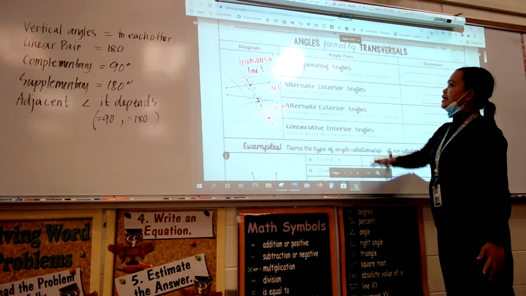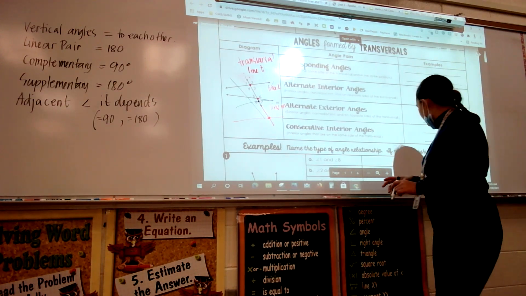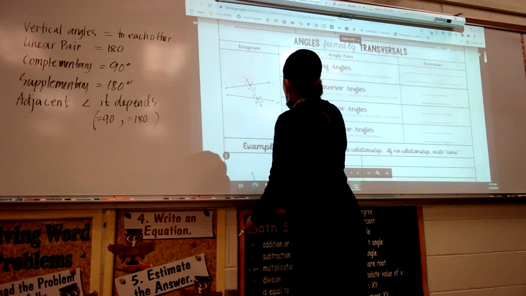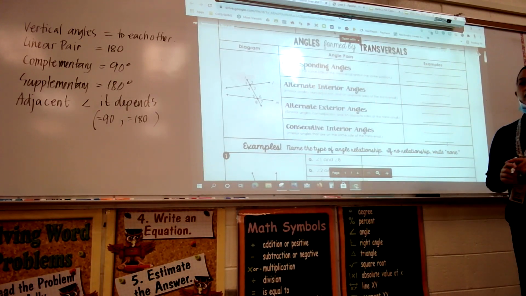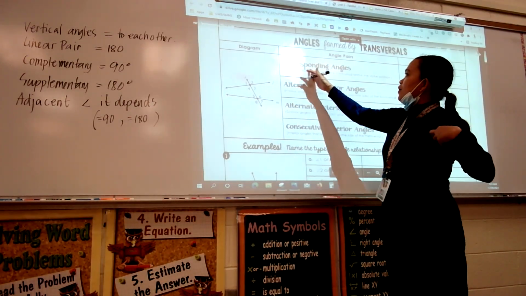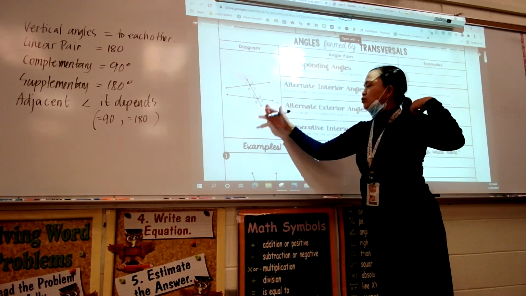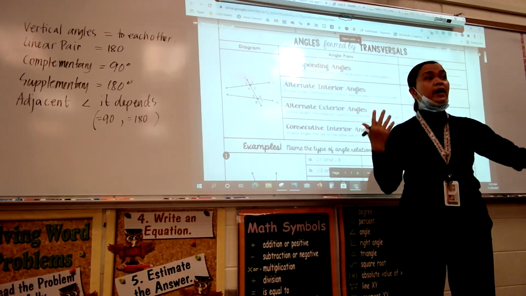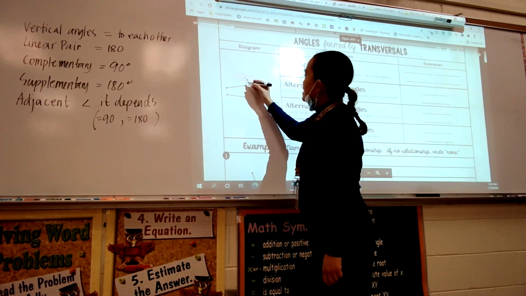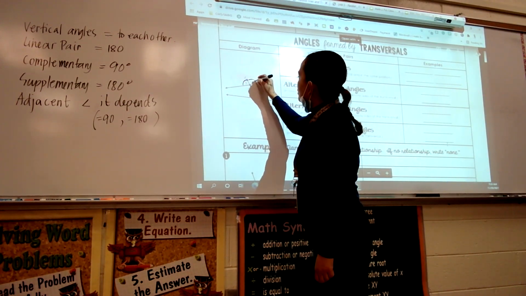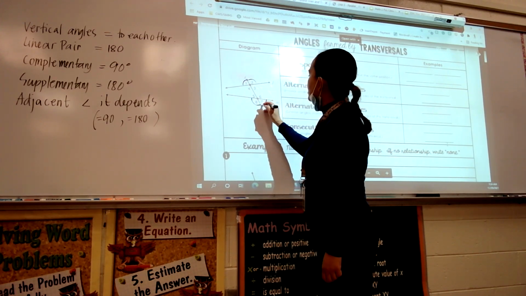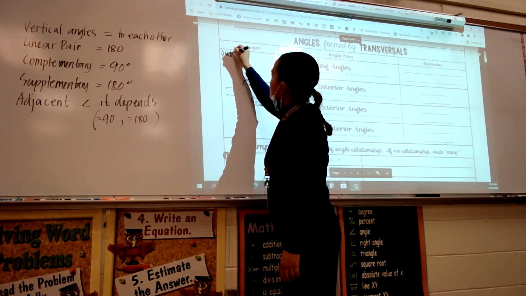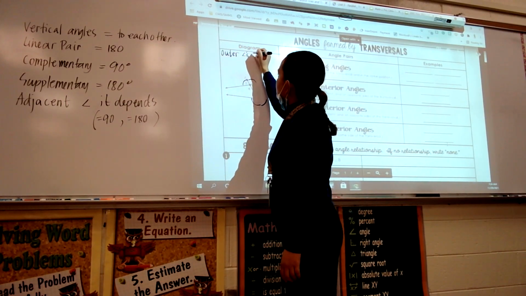Okay? Now, corresponding angle. What does a corresponding angle mean? I need to erase that in order for you to understand further. Before anything else, I would like to clarify which ones are inner angles and outer angles. So, when I say angle 1, angle 2, angle 8, and angle 7, they are outer angles.